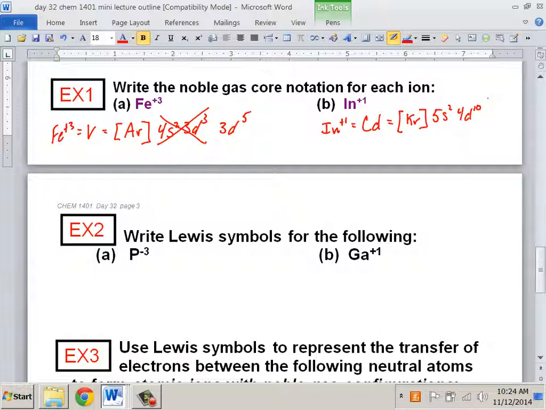That's if you want to write electron configurations. So for phosphide, write the symbol and then the number of valence electrons you have in there.